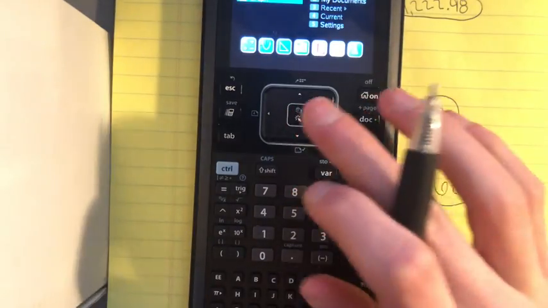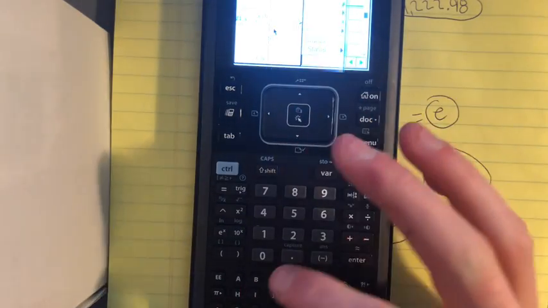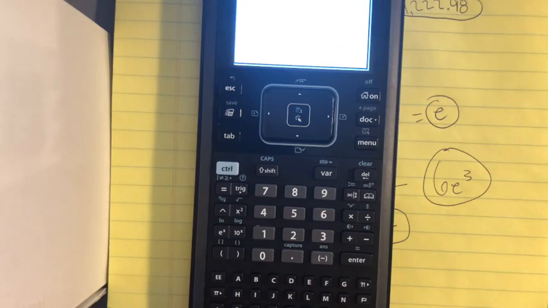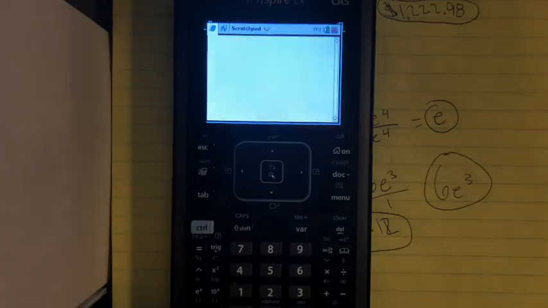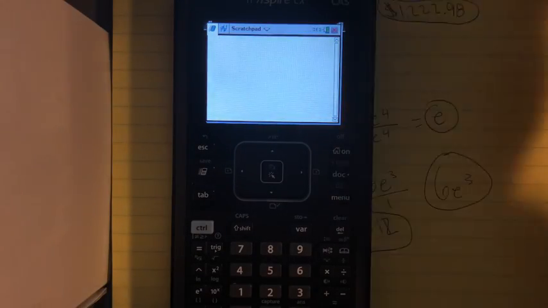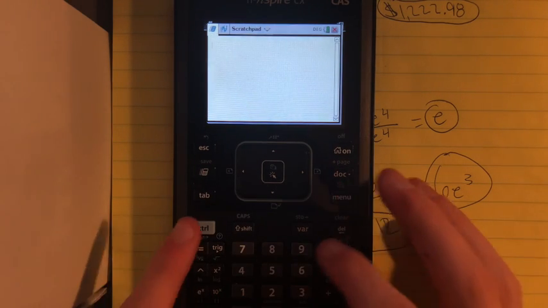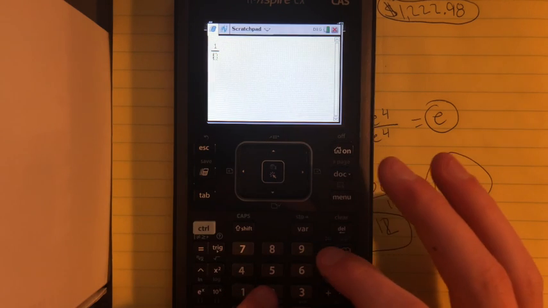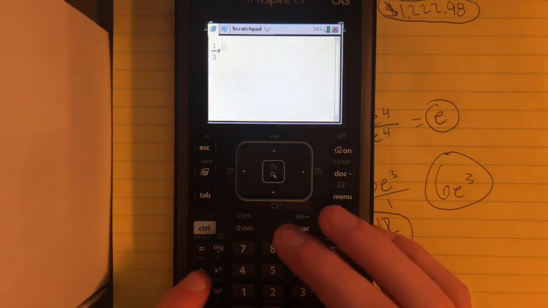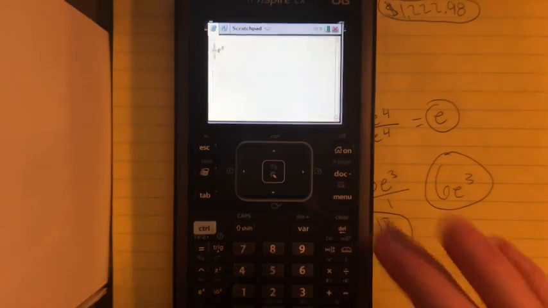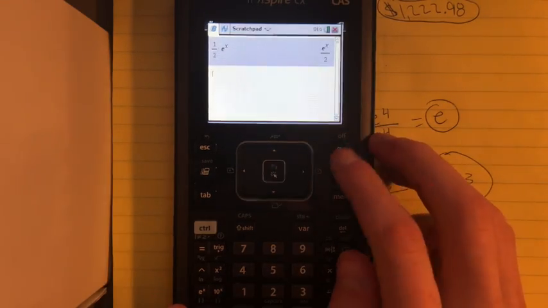So we gotta go back to the graph part. And focus that for you guys. Turn down our elevator music. And we've got 1/2 e raised to x. Enter. This is not the graph part.